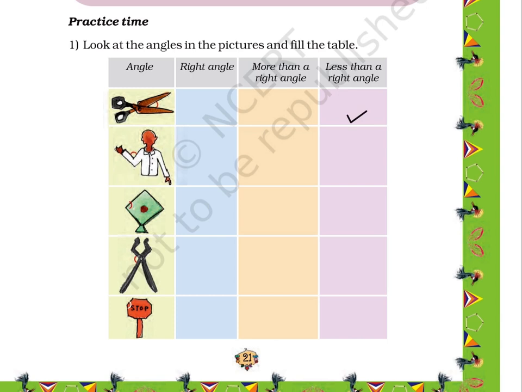Row 4, column 1 has the picture of a plier with the angle marked. Observe the picture and give the correct answer. Row 5, column 1 has a stop sign picture with one angle clearly marked. Observe it and give your tick mark in the corresponding box.